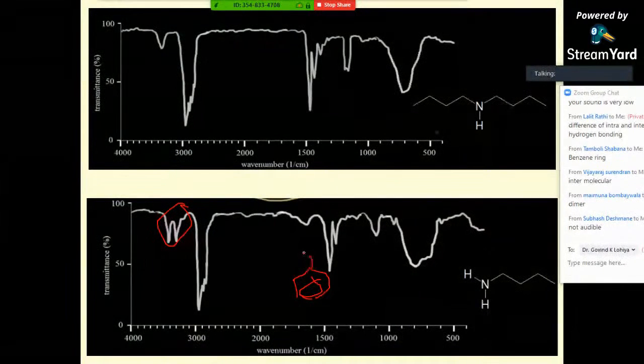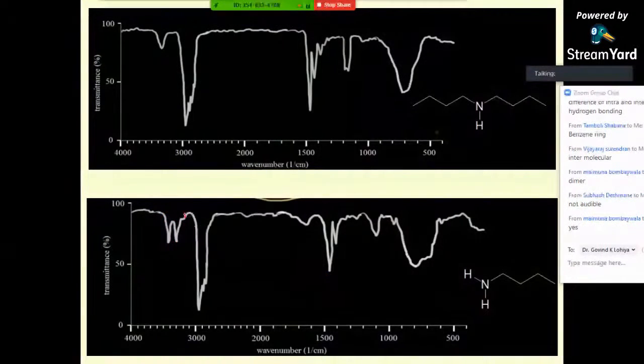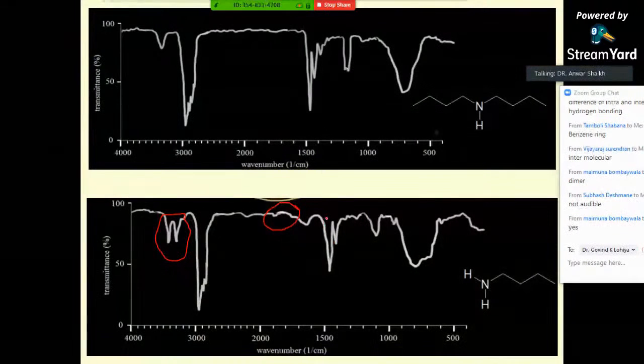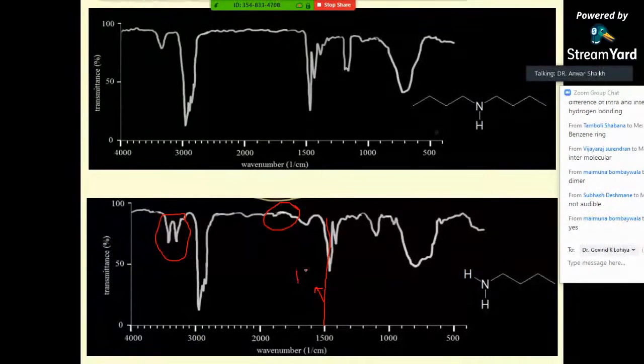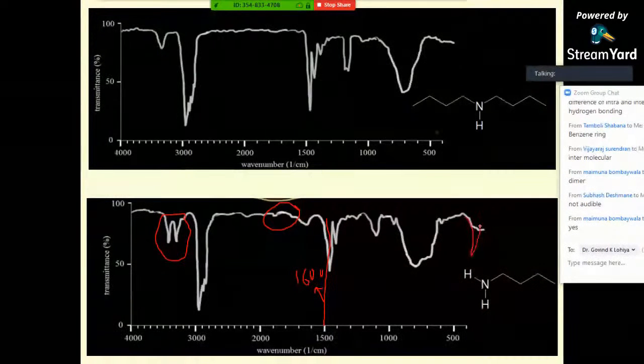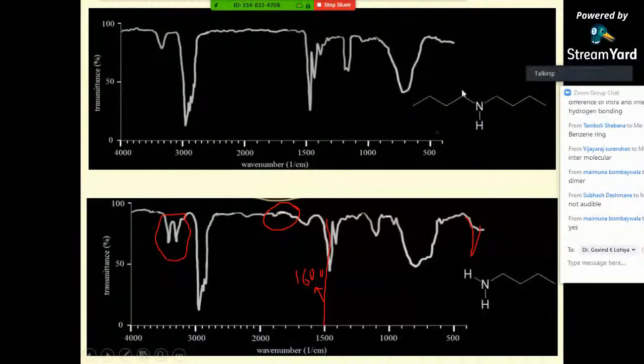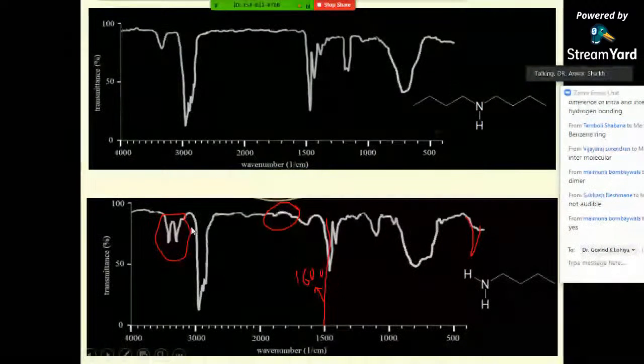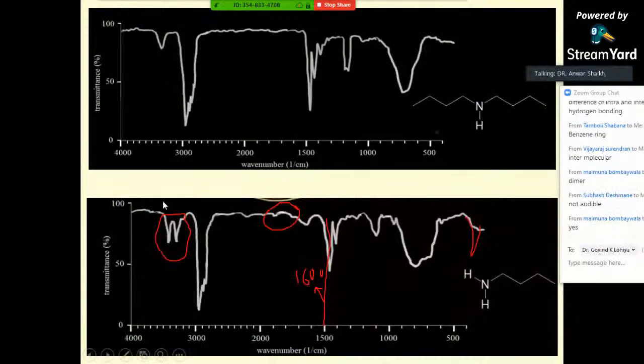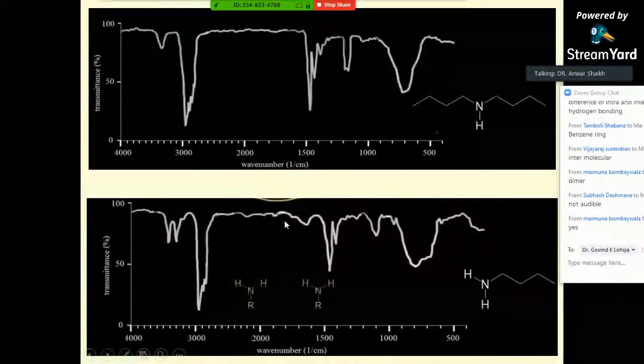Along with that you will be getting the aromatic overtone peaks here, and near about 1600 or 1590, a peak of the aromatic C double bond C, and one characteristic peak here. So you can differentiate between the aromatic amine and the secondary and primary amines. So this is the major difference between the secondary amine and the primary amine. So this is the spectra of the amines you can consider.